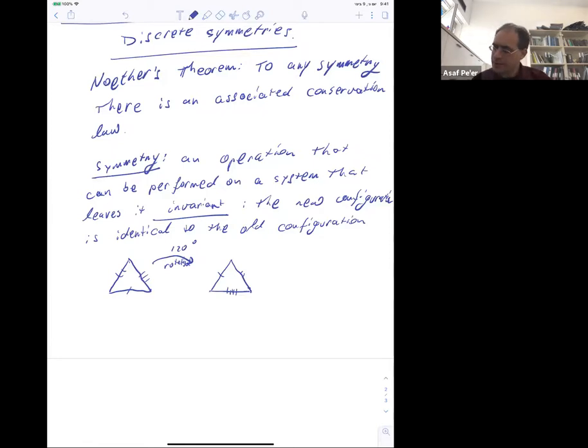If I rotate it by 60 degrees, it's not a symmetry, because then I will end up with a triangle that looks like that. So this is a symmetry. I did something, but you cannot tell, because it hasn't changed.